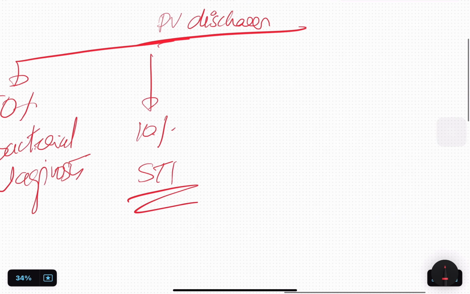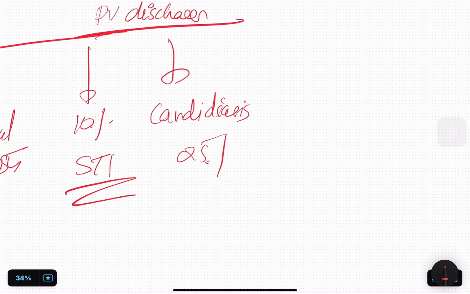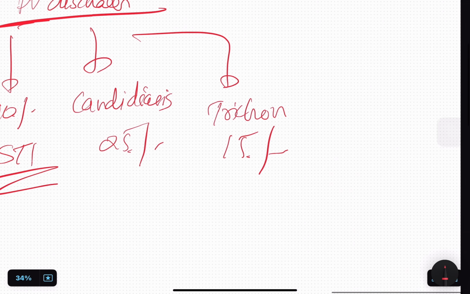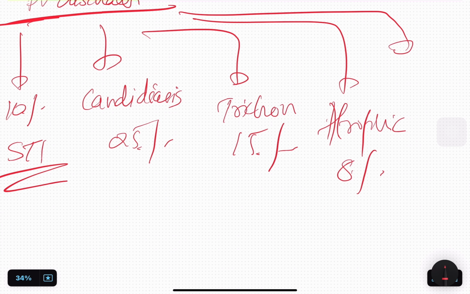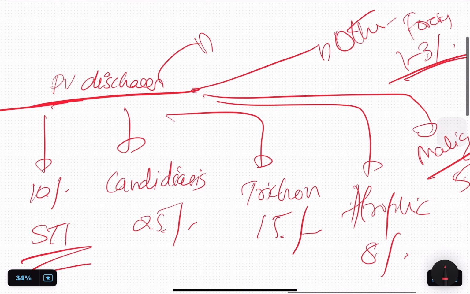Then 25%, almost the major thing, is candidiasis. Then trichomoniasis, almost 15%. Then the hormonal thing, atrophic vaginitis, follows at 8%. Then malignancy-related things form almost 5%. Then foreign body and others I will classify as others. Foreign body is 1 to 3%, and 10% is physiological.